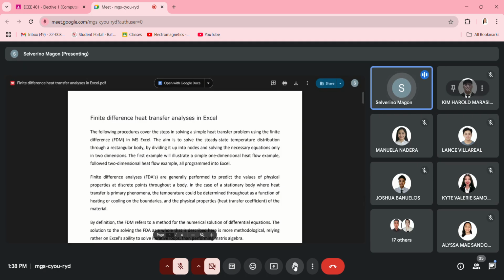Okay, so let me go back to my previous question. What is the difference between equilibrium and steady state?